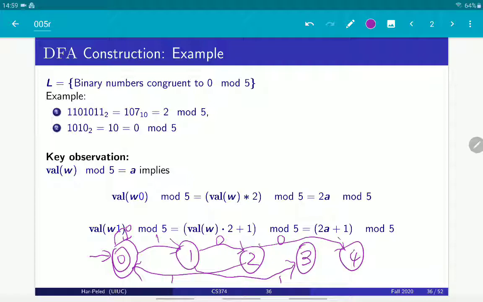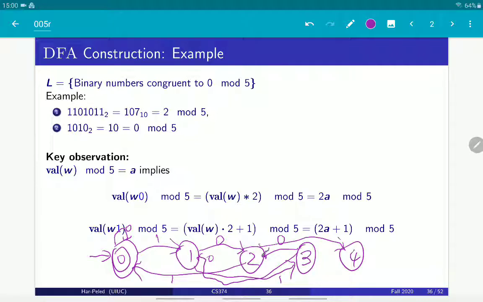Okay, so this was 2. Now 3: if I get 0, I multiply it by 2, so it's 6. 6 modulo 5 is of course 1. So I go back to 1. This is on a 0. Again, it's a mess, but hopefully you can follow the argument. And if I get a 1, then I go to 2, because it's 6, which is modulo 1, and I add 1.